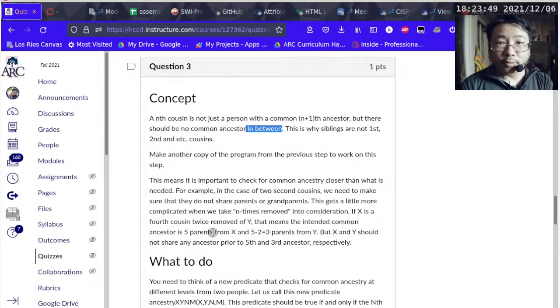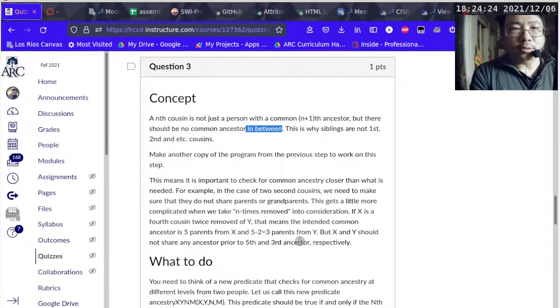If x is a 4th cousin twice removed of y, that means the intended common ancestor is 5 parents away from x and 3 parents away from y, but x and y should not share any ancestor prior to the 5th and 3rd ancestor, respectively. So it's basically the same individual, but that individual is the 5th level ancestor of x and 3rd level ancestor of y, and there should be no other common ancestor between these 2 individuals and the ancestor. That's basically what this means.